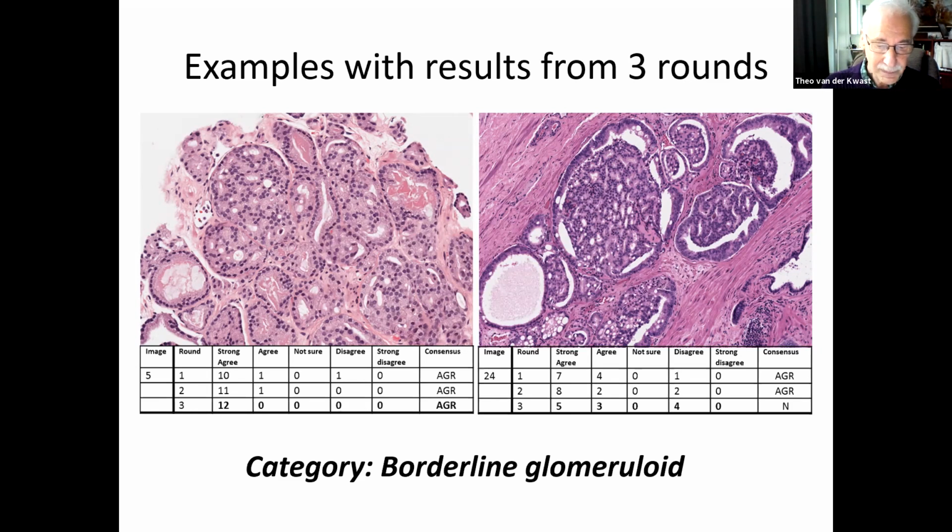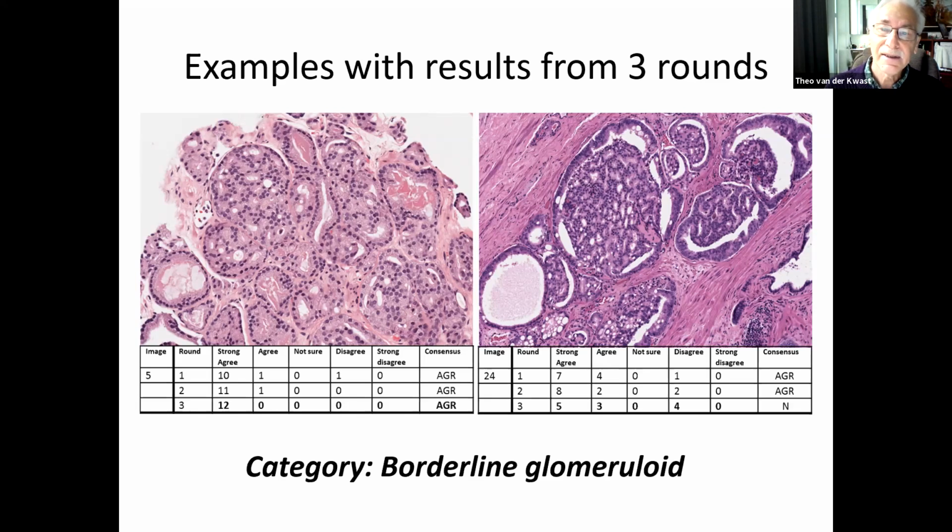But for the image on the right, where the cribriform mass does not touch a large part of glandular contour, the initial consensus agreement of the first 2 rounds was lost. And at the end, there was no consensus whether to call this cribriform or not.